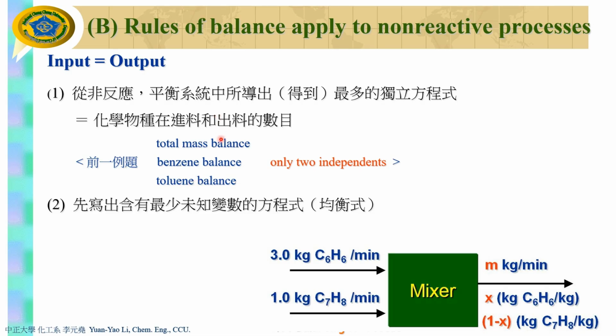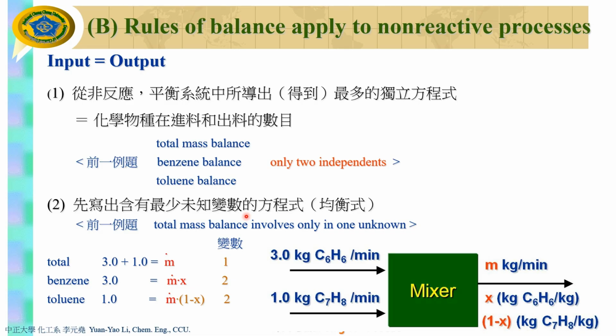Of course, which two do you want to choose? You find out the easy way, the easy way that gives you fewer variables, and then you can easily get an answer.